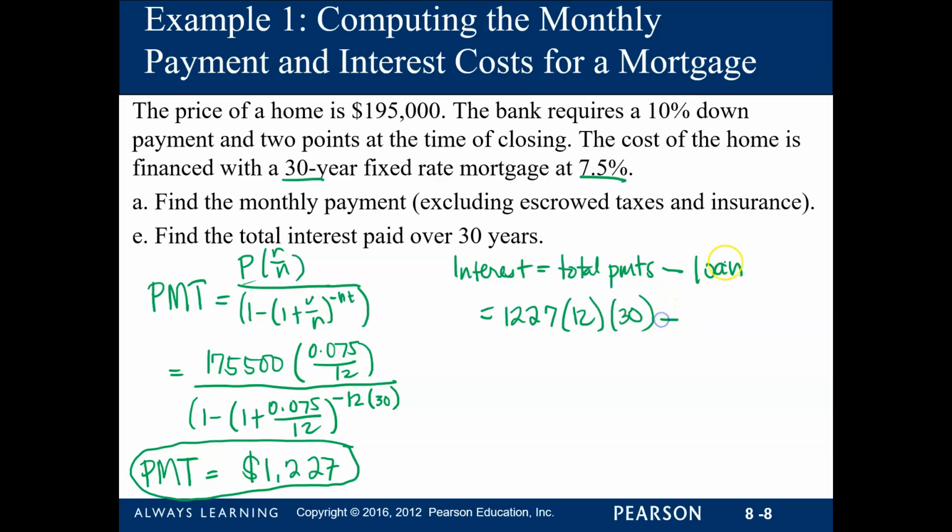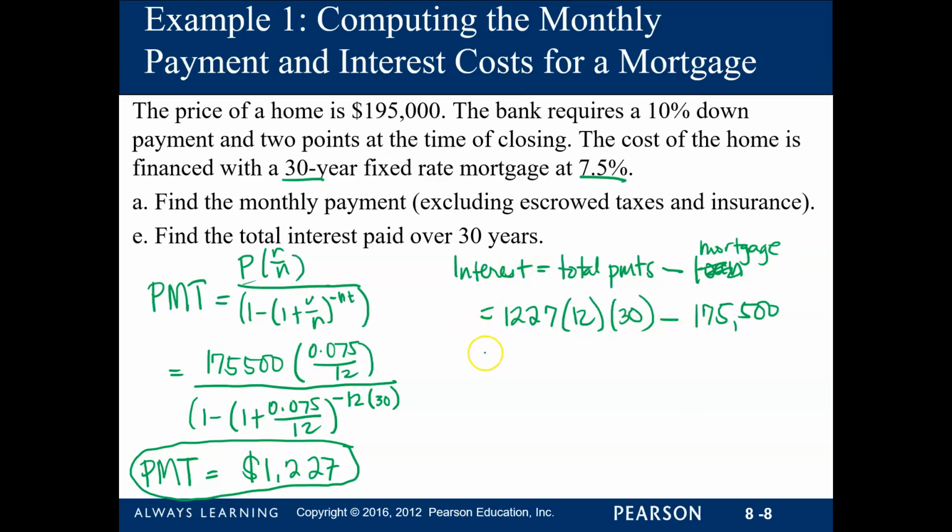And how much is your mortgage? This is now just the mortgage, 175,500. We are not using 195 anymore because we made a down payment. That down payment is already taken out from the total amount, so this is just the loan that we are looking at.